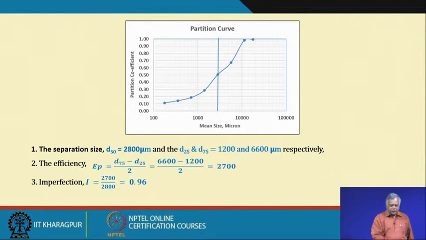Now if we go back to that data and plot it, we get a curve like this, with mean size versus partition coefficient, and you get a separation size D50 equal to 2800 micrometers.